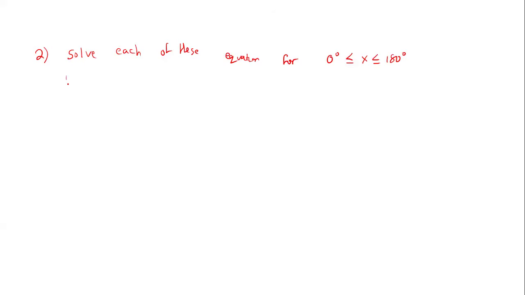The first one is sine x equals 0.3. The first thing always is to get your reference angle. Number two, ask yourself, in which quadrants are my angles going to come from?